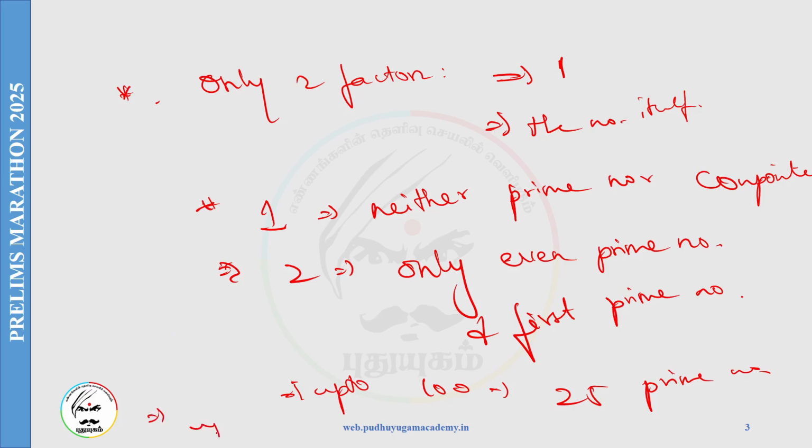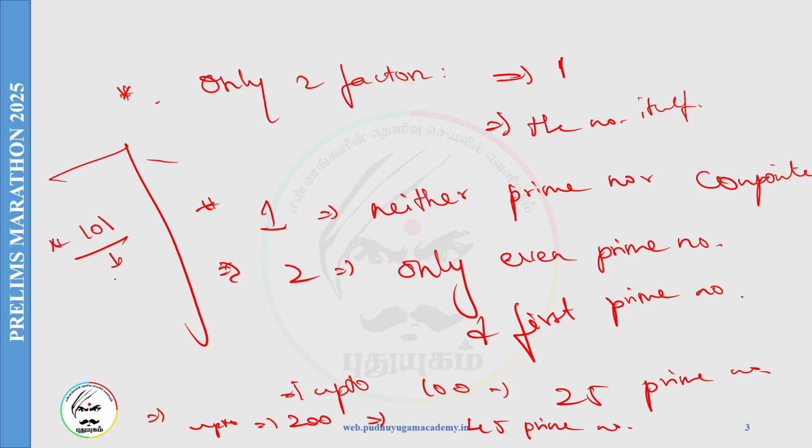Up to 200, 45 prime numbers are there. And the next point is 101. It is the first and least 3-digit prime number, right?